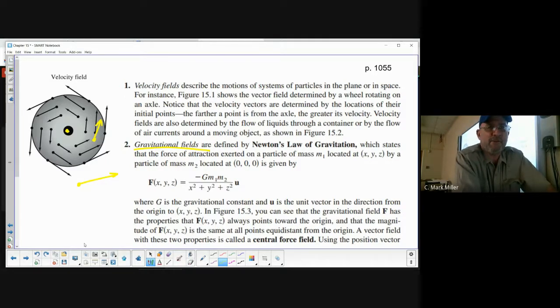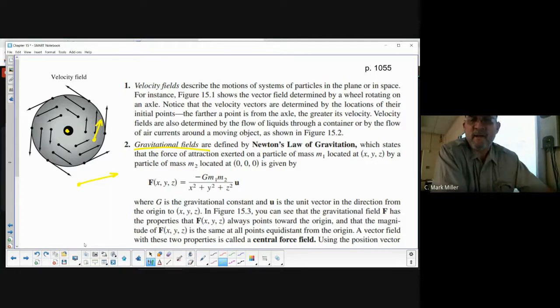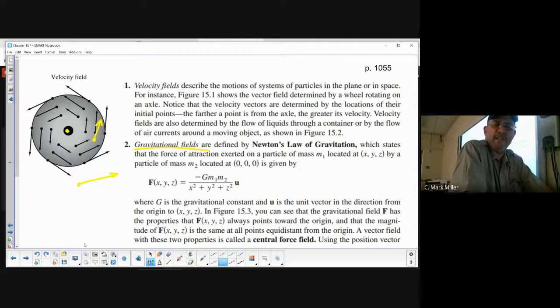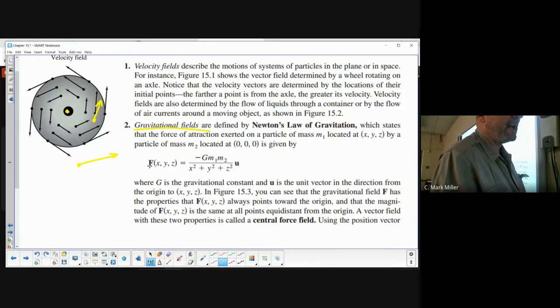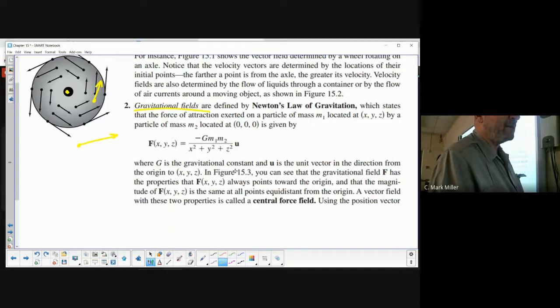There are stars out there and celestial bodies where a single celestial body is bigger than our entire solar system. All right, so the scales that are out there in the universe are just nuts. So anyway, this force field is given by this, right? And it's got a vector u, right? That's interesting, right there, right? All right, let's just go down some more.